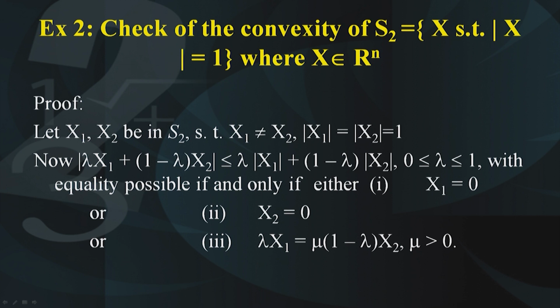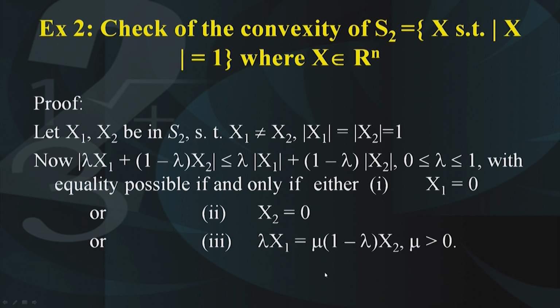First one is that x1 is equal to 0, second one is that x2 is equal to 0, and the third one is that lambda x1 is equal to mu times (1 minus lambda) x2, where mu is greater than or equal to 0. Now, where does this condition come from?